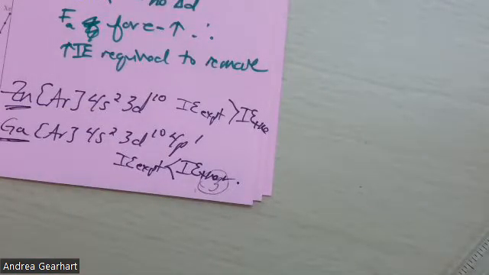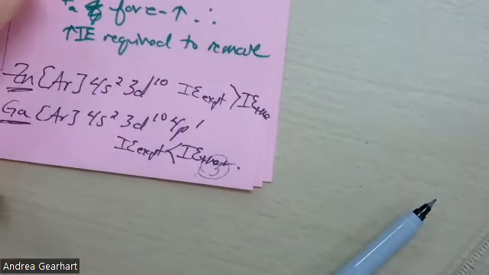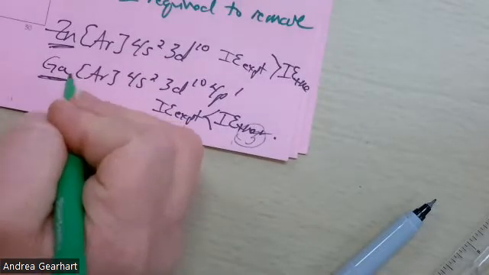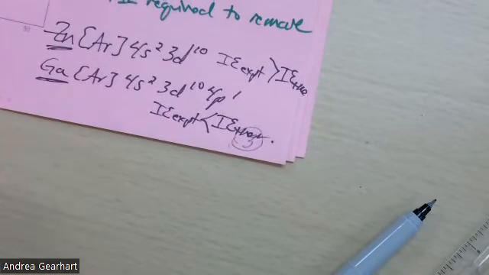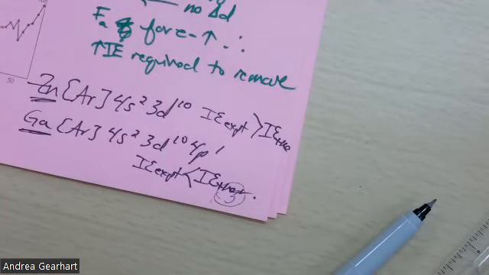Why? Go. You are absolutely correct. Removing the 4p1 electron from gallium requires less energy than expected. Can you repeat what you said?